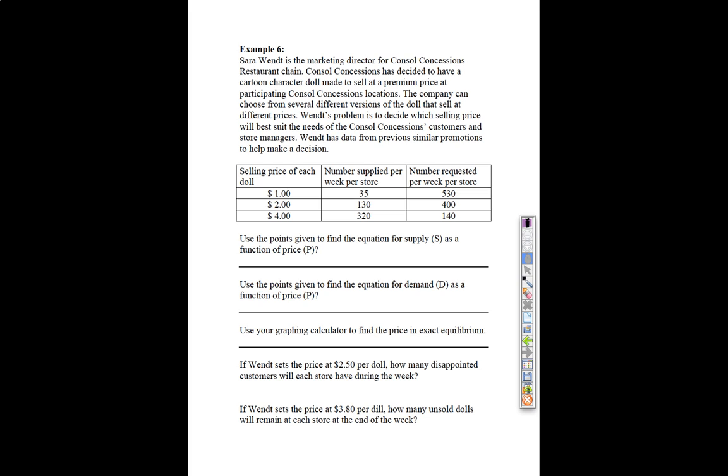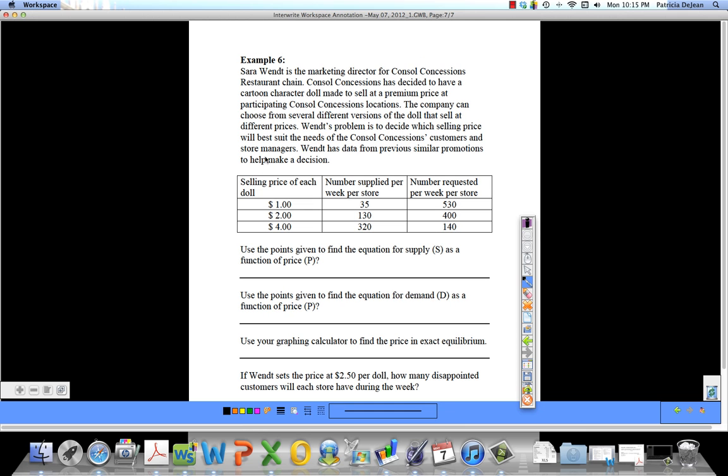So we're going to have to figure out a slope and y-intercept here, as a function of price. So this is going to be your x. Okay, so let me get this up here. Here we go. This is going to be x, this is going to be y, and this is going to be S, and this is going to be x, and this will be demand.